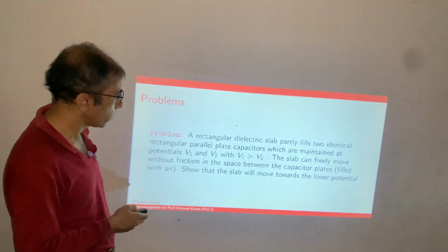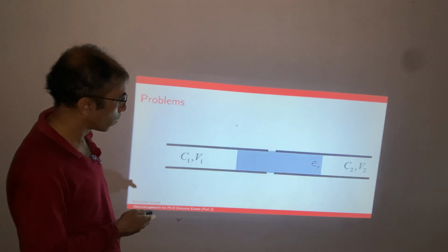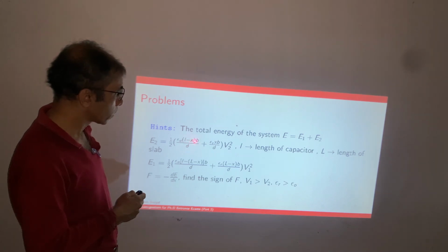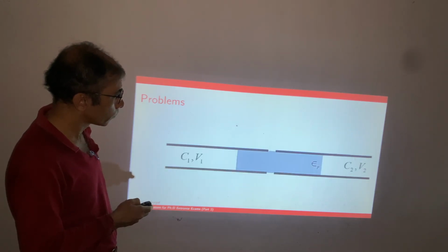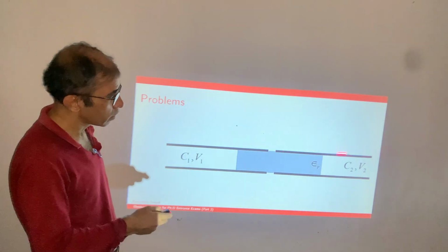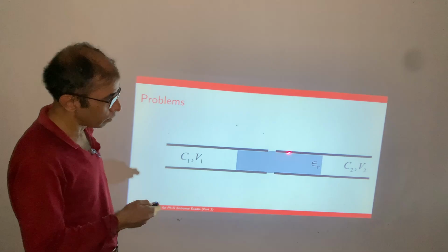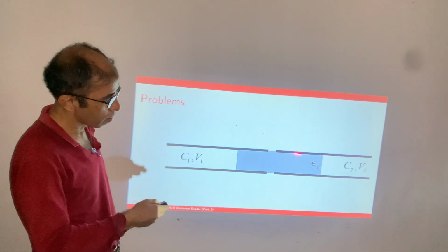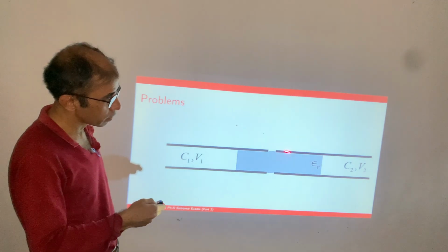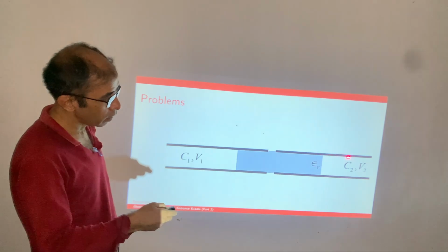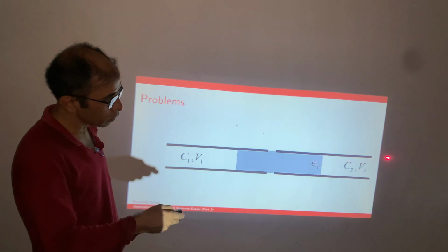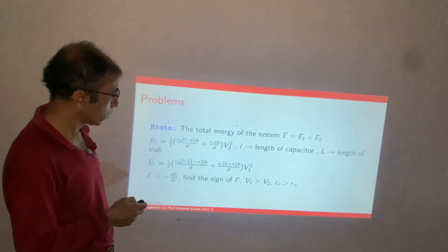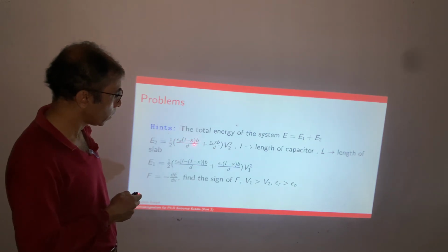The capacitance of this will be epsilon naught (L minus x) b by d. Here L is the total length. So L minus x is the length of this capacitor, times breadth.